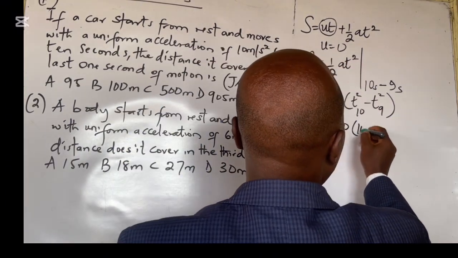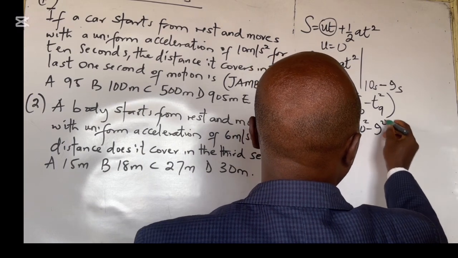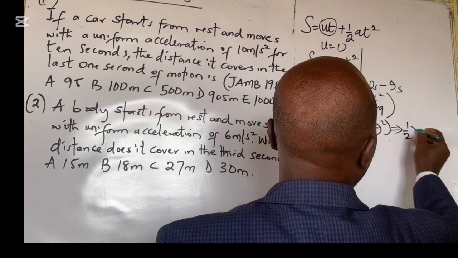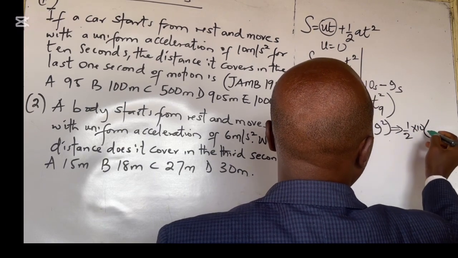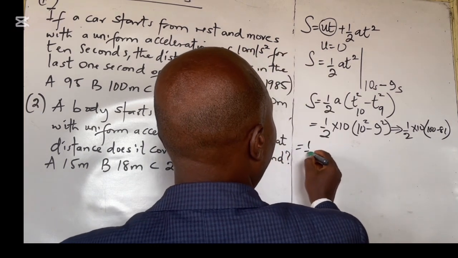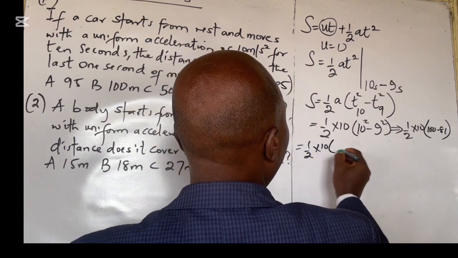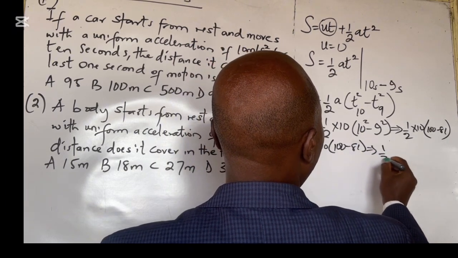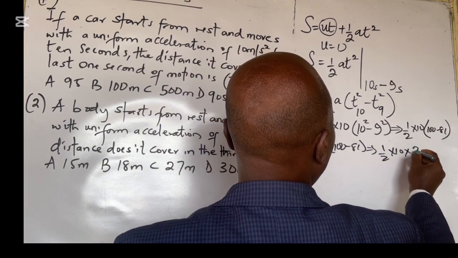Time here, that's 10 squared minus 9 squared. So if we do that very well, we have half of 10, that's 100 minus 81. So let's do it here. Half times 10. 100 minus 81. That will give you half of 10 times 19.